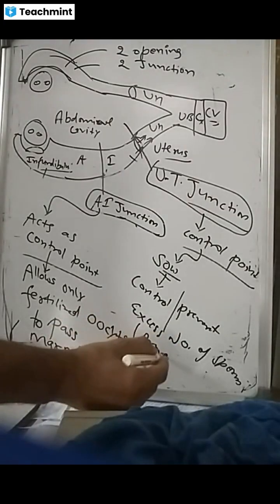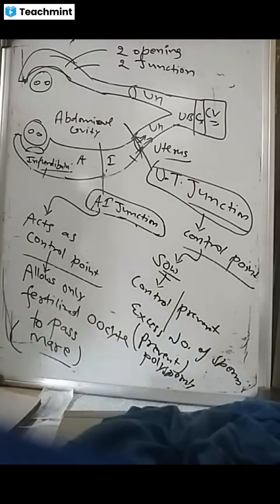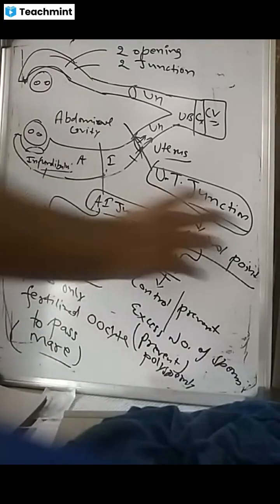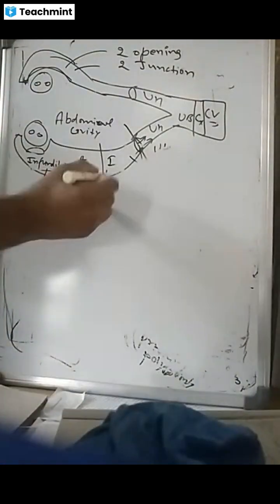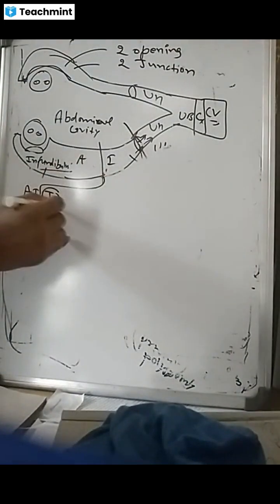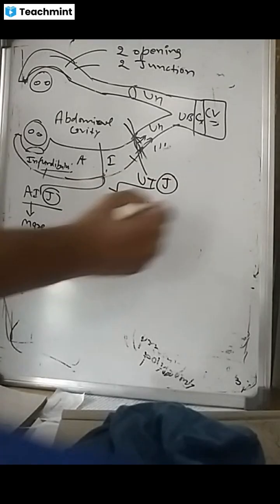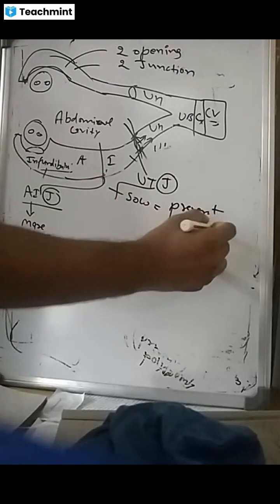That is, it prevents polyspermy. So in case of mare and sow, it acts as a control point. If these two junctions are present, it prevents polyspermy.